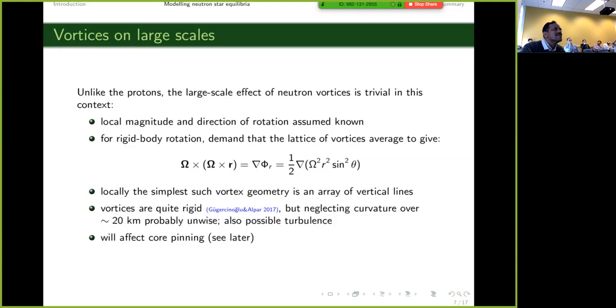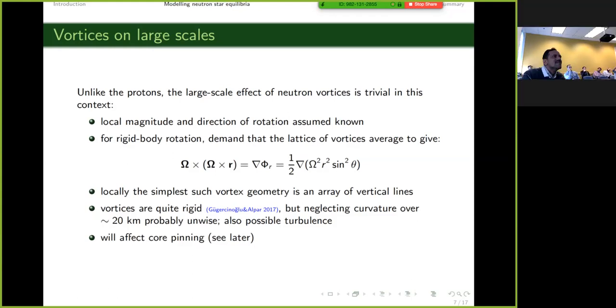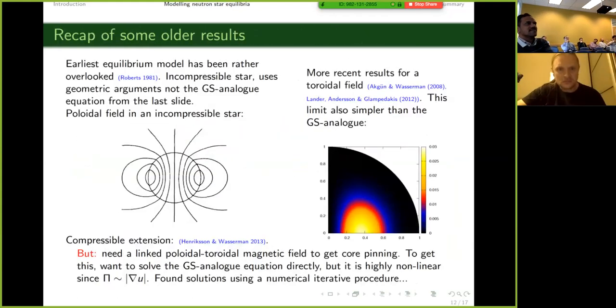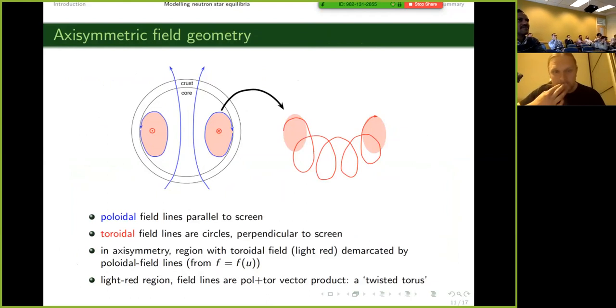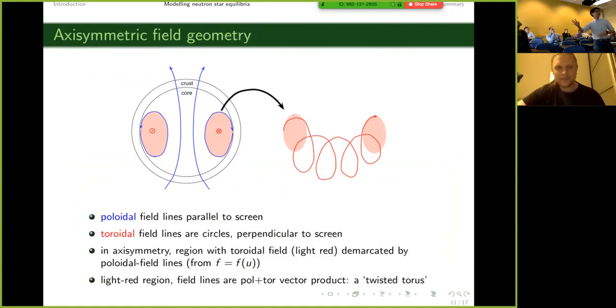I'll try and find the picture. This one? That one? Maybe, yeah. You can go over there. You can move with your hands. Look at the camera on the laptop. Okay. So you mean in this toroidal region, flux tubes form rings, many rings?